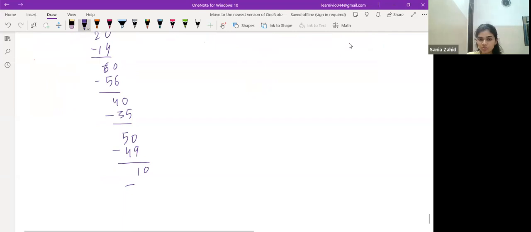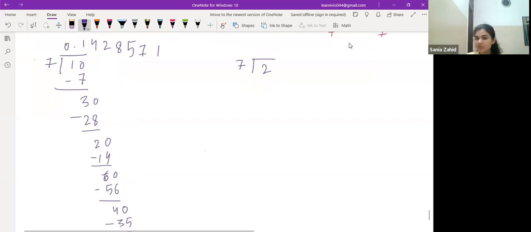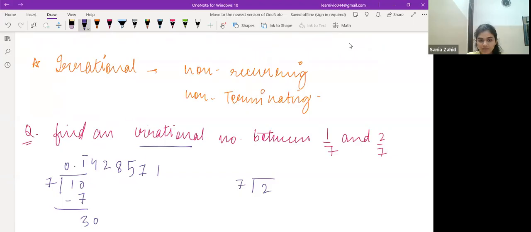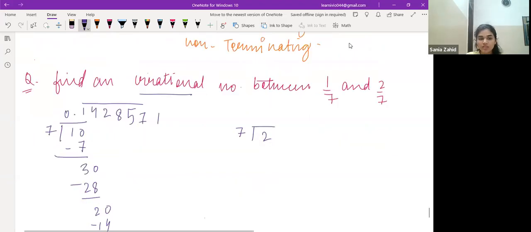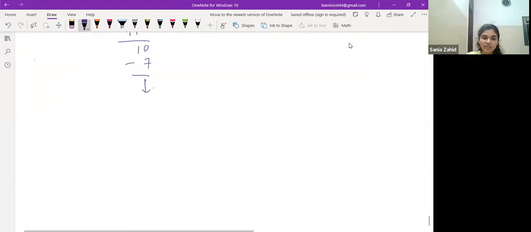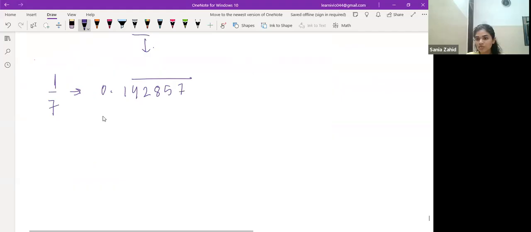That means from here on my decimal expansion will repeat. So 1 by 7 is equal to 0.142857 with a bar over it. Okay, now my next number was 2 by 7.